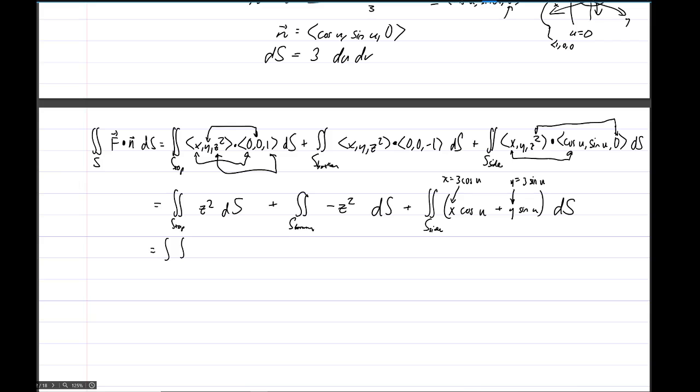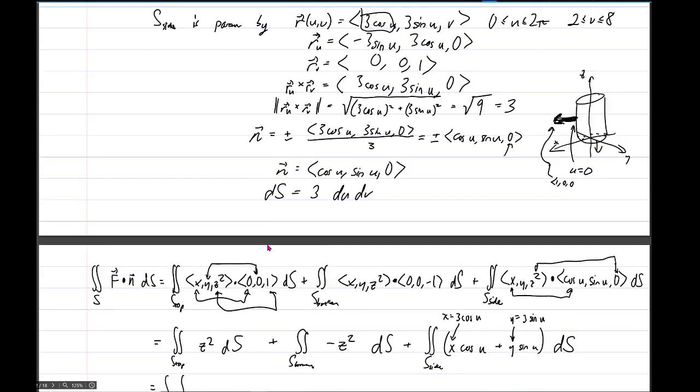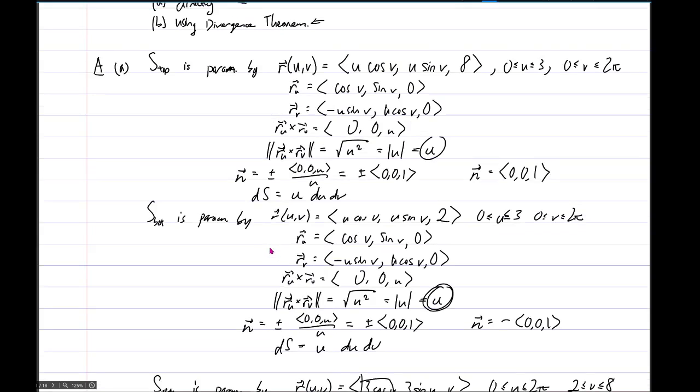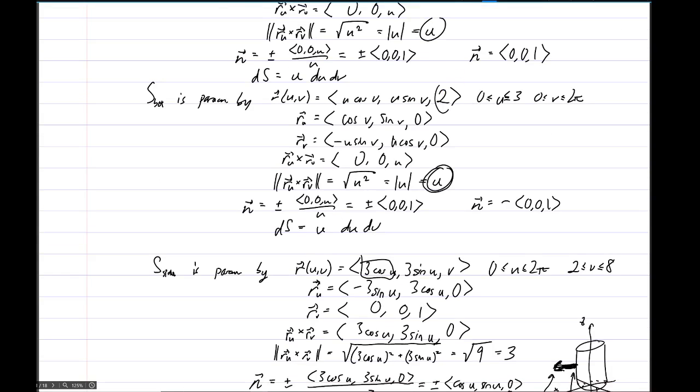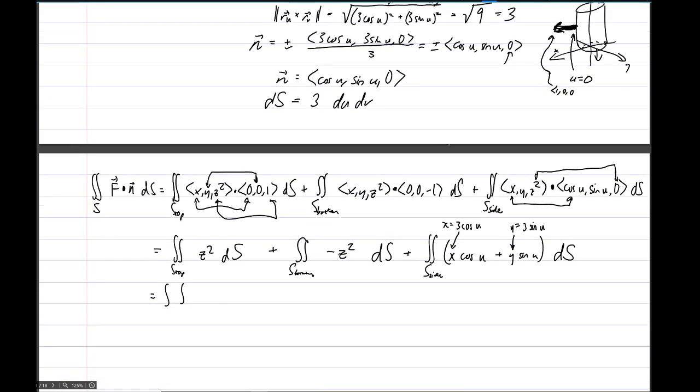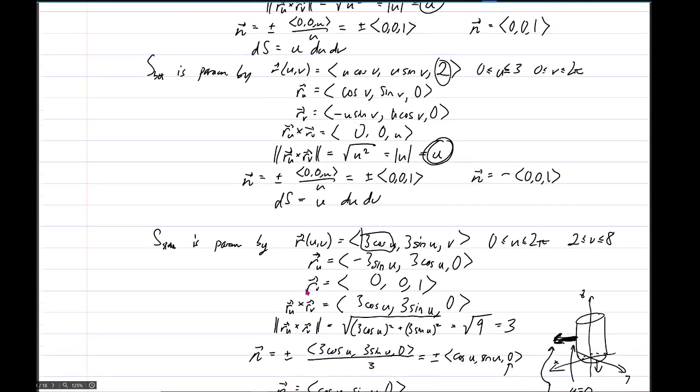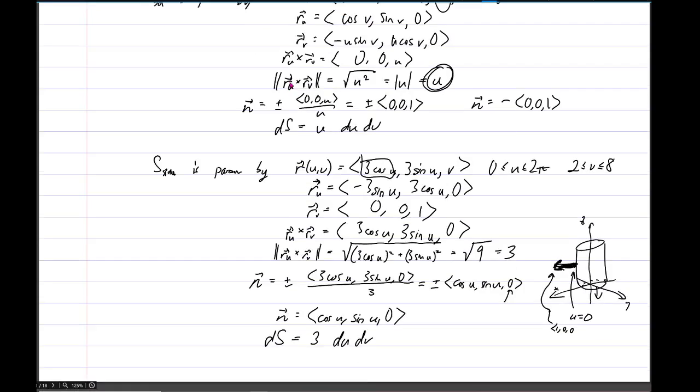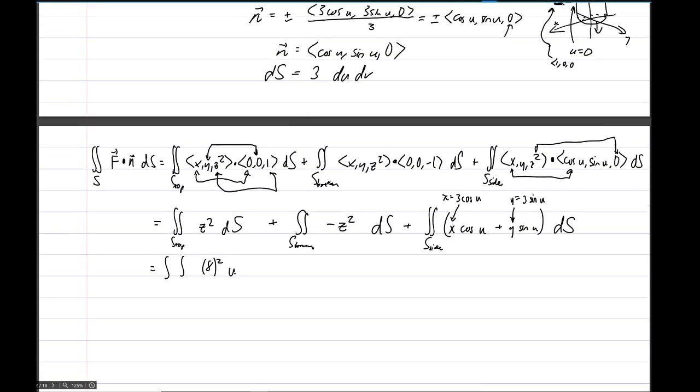The z value here gets replaced with the z component of the parameterization way up here, which was 8. Then for the second integral, we're going to instead put in a 2 there. So here there's going to be an 8 squared, and then ds, recall, was right here, u du dv, and u went from 0 to 3, and v went from 0 to 2 pi.